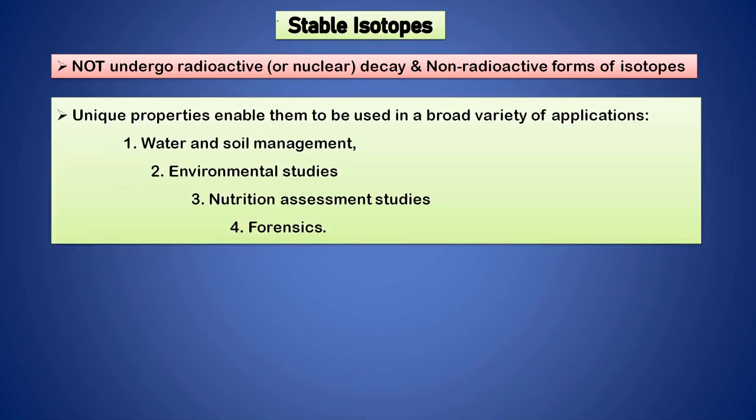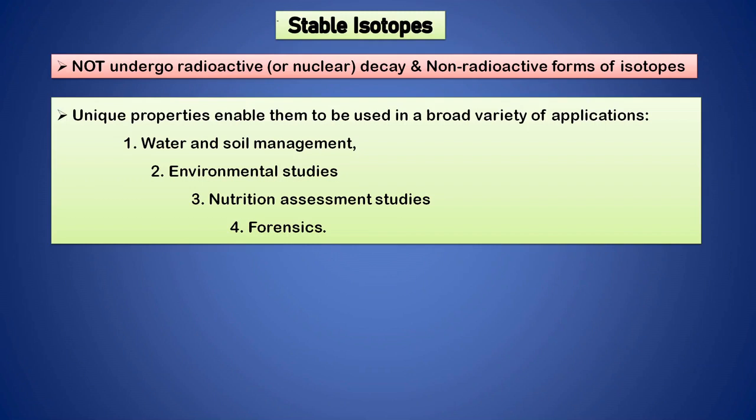The unique properties of stable isotopes enable them to be used in a broad variety of applications. We can use stable isotopes in water and soil management and in environmental studies. Stable isotopes are also useful in nutritional assessment studies and in forensic studies.